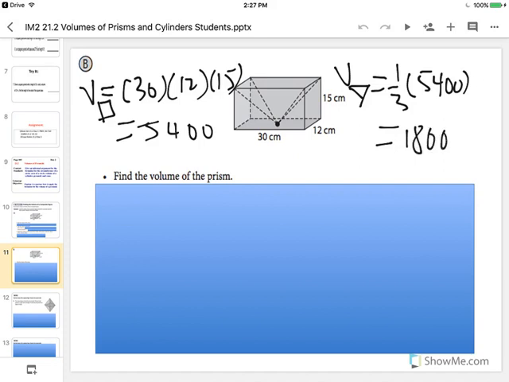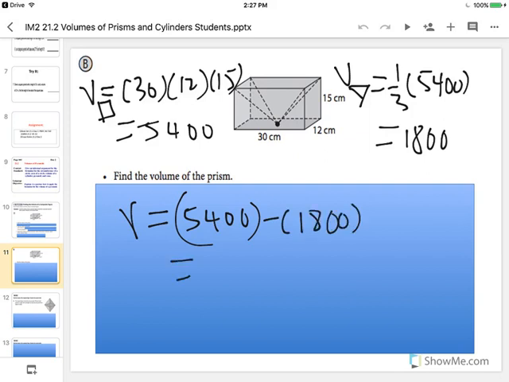The volume of the composite figure is 5,400 minus 1,800, so 3,600. Remember, when you write the answer, make sure that you include the unit. In this case, it's centimeters cubed.